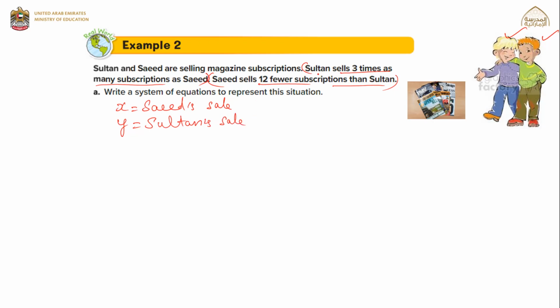Now we'll come back to the information given. Sultan sells 3 times as many subscriptions as Said. So it is y equal to 3x. At the same time, Said sells 12 fewer subscriptions than Sultan. So your second equation would be y equal to x plus 12.